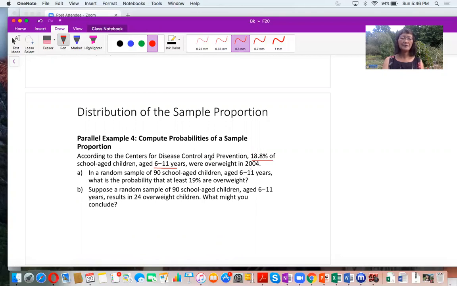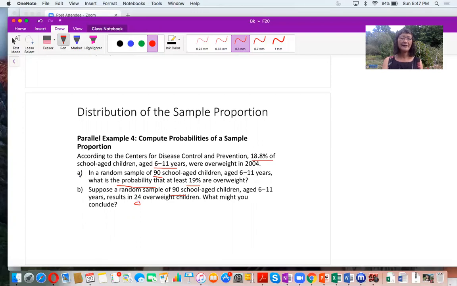In a random sample of 90 school-aged children aged 6 to 11 years, what is the probability that at least 19% are overweight? That is question 1. Question 2. Suppose a random sample of 90 school-aged children aged 6 to 11 years results in 24 overweight children. What might you conclude?